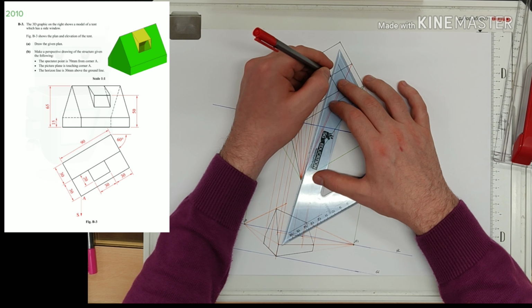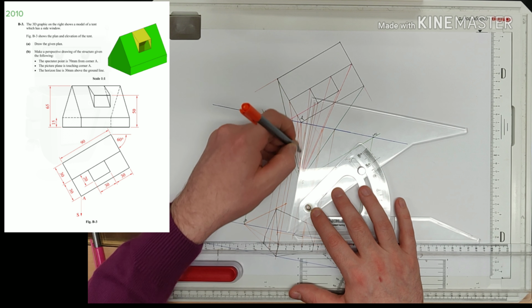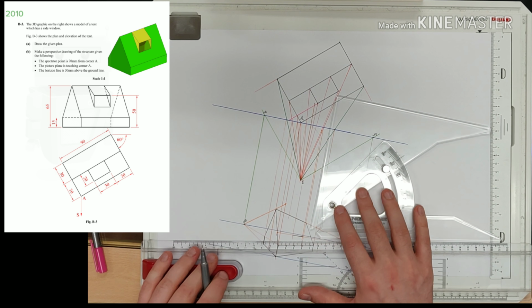When they hit the picture plane, I want to bring them down. Keeping it parallel. Put some there. Cuts here.